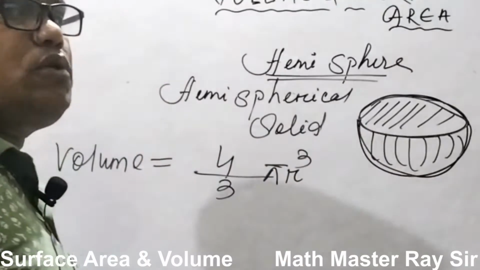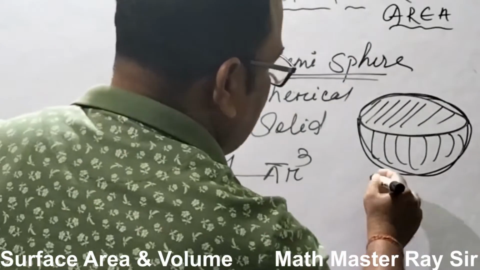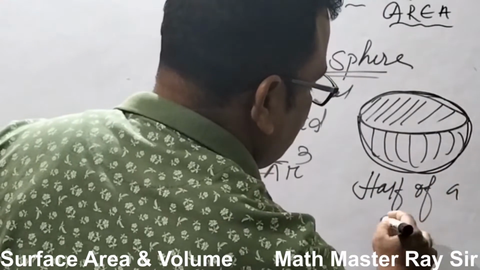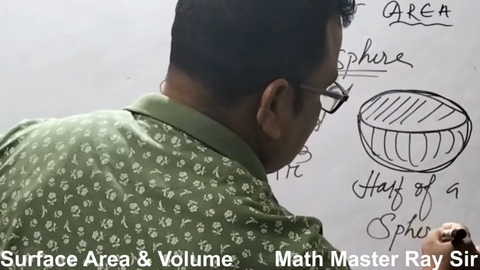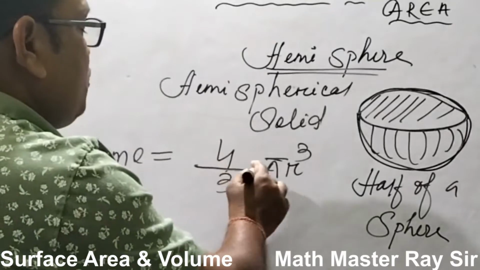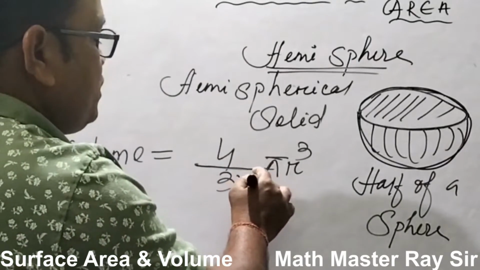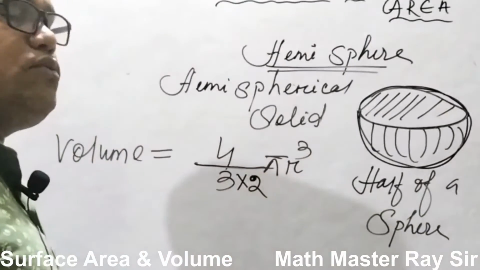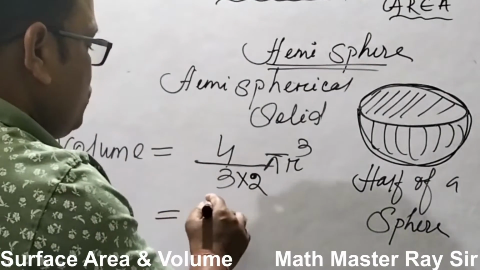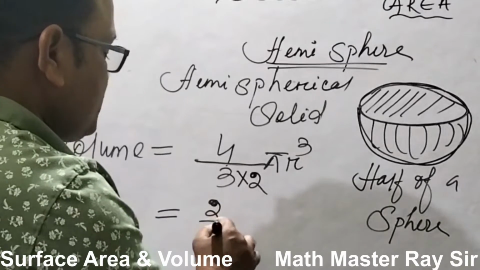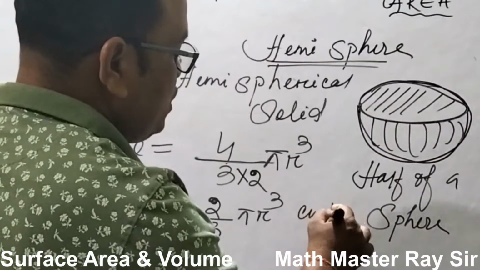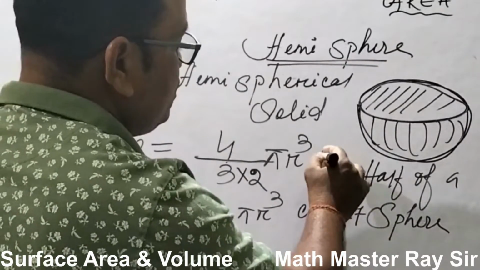As it is a hemisphere, half of the sphere, you should divide this volume by 2. The total volume will be divided by 2. So it would become 2 by 3 pi r cube. Very simple. Cubic unit.